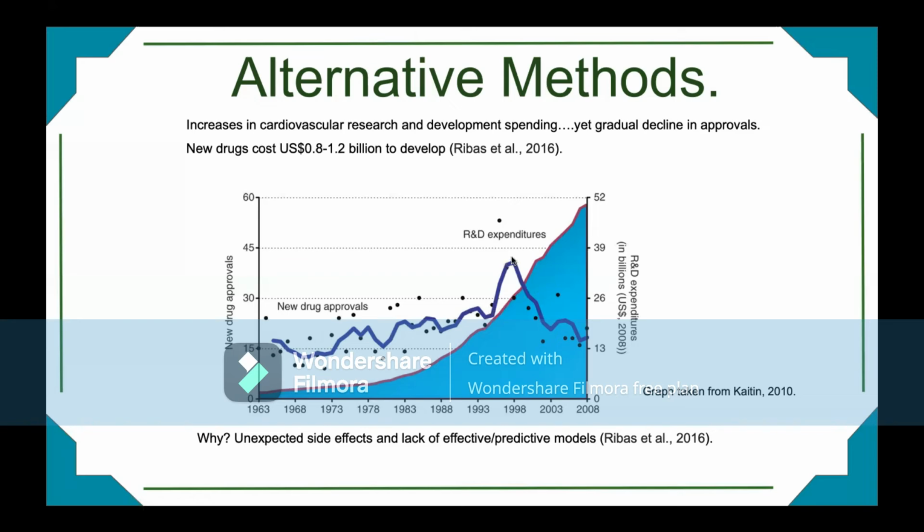However, after the peak at 98, which is about 40 drugs being approved, we get a decline back down to roughly 15 drugs being approved, which is back to what it was in the 60s, yet despite having the highest amount of spending, which is nearly 52 billion US dollars in that year.